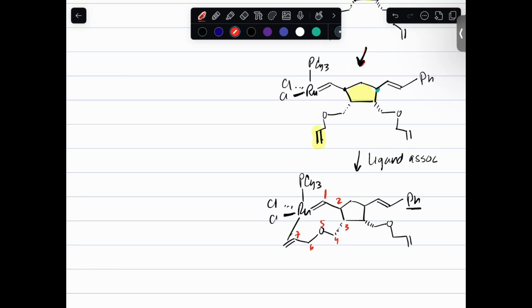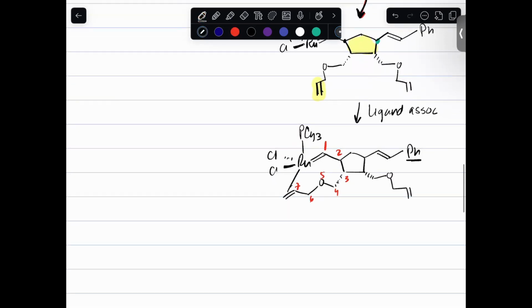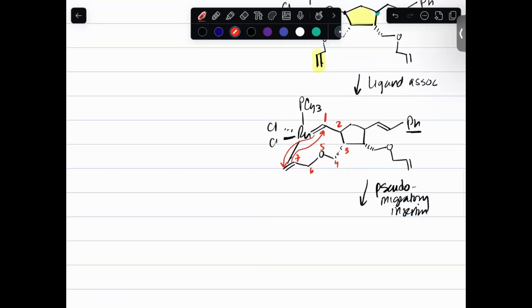Just like before, we do our pseudo-migratory insertion to form our metallocycle. So not only are you forming a seven-membered ring, but you're forming a seven-membered ring with a fused four-membered ring.